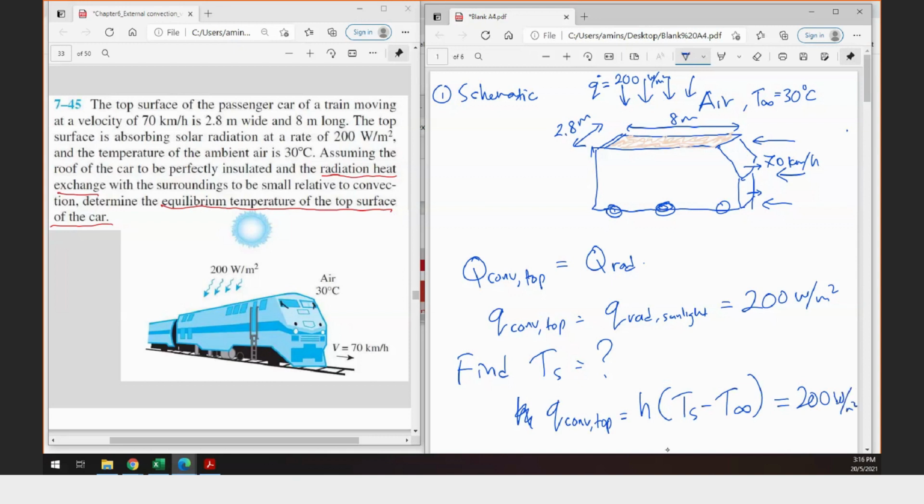You know this, but you also don't know this. So you need to find H first. So how to find the H? Using the method that we described just now. Okay, using the correlation. Which correlation?